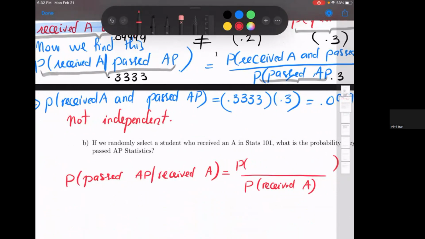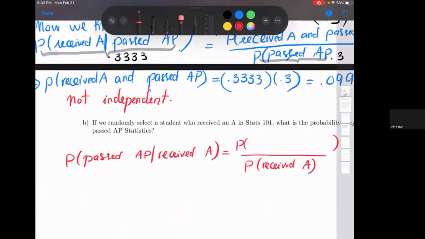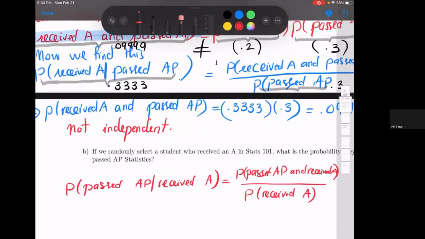Yeah, that is the and, right? Remember A and B over B. It's the same thing, just put in context. So pass AP and received A is the same thing as receive A and pass AP, right?